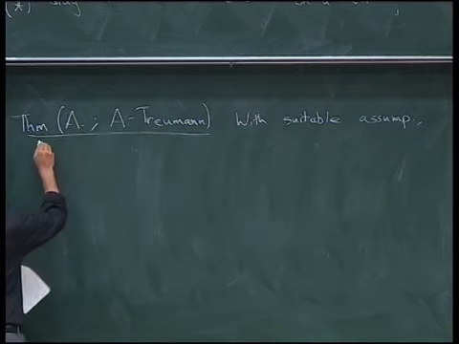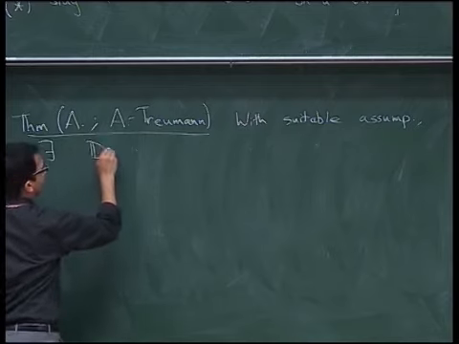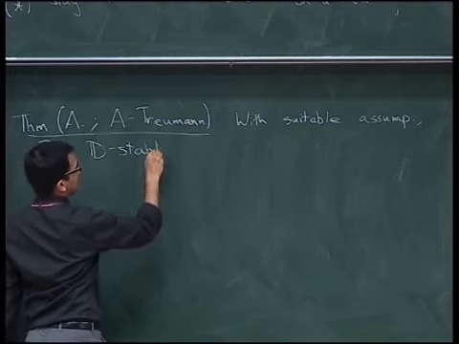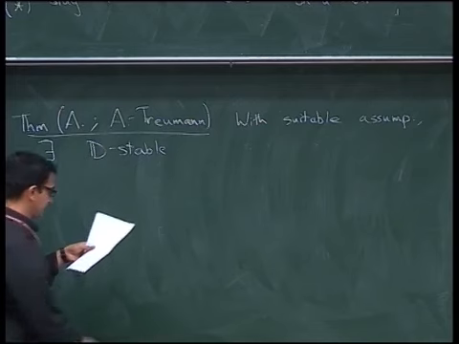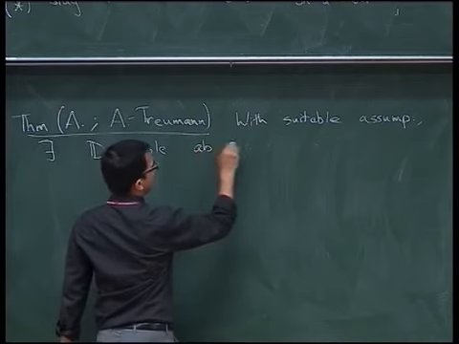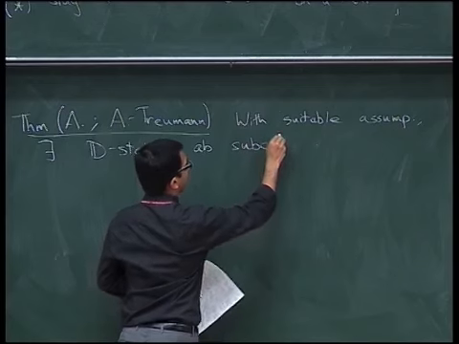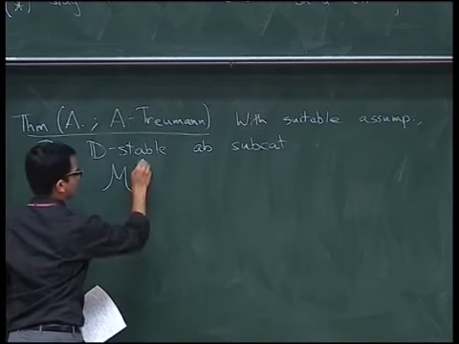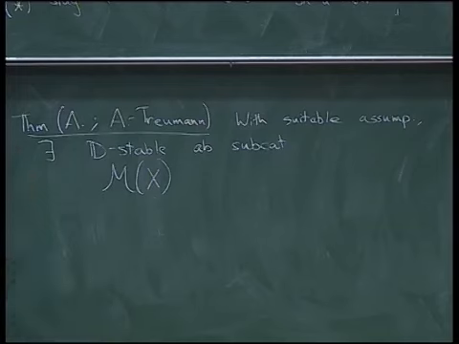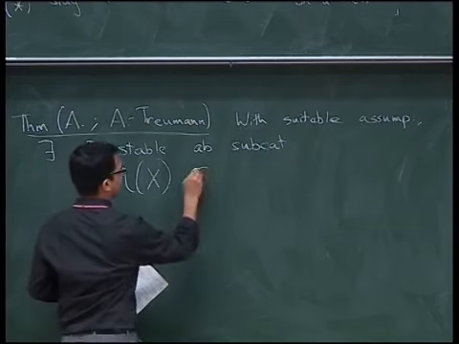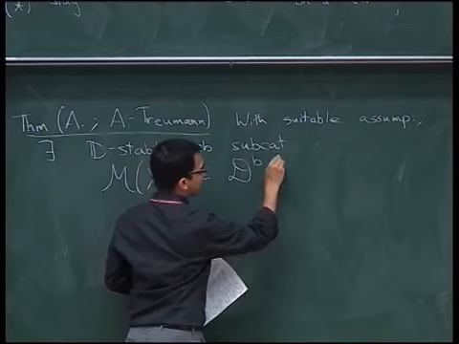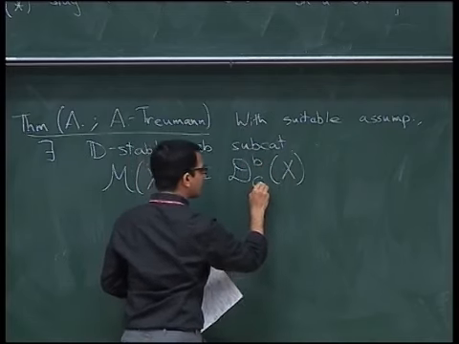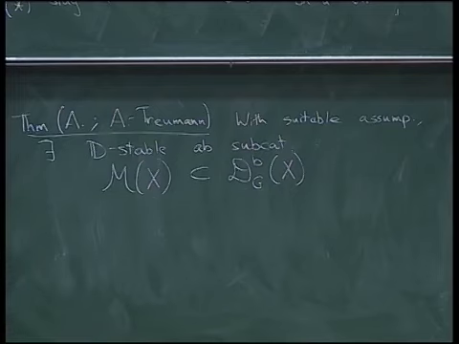there exists a D-stable, where D is Serre-Grothendieck duality, of course, a D-stable abelian subcategory, which from now on will be denoted M(X). So M(X) is the category of staggered sheaves, and it's inside the bounded derived category of G-equivariant coherent sheaves.